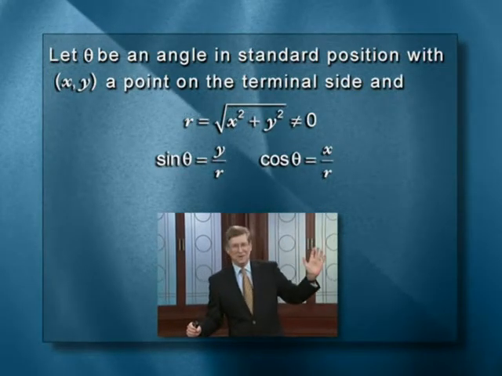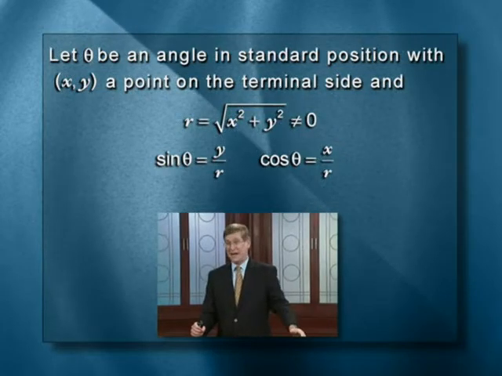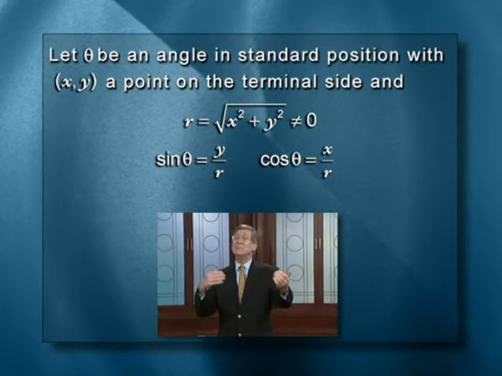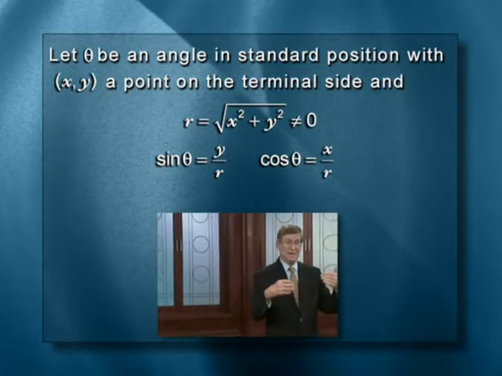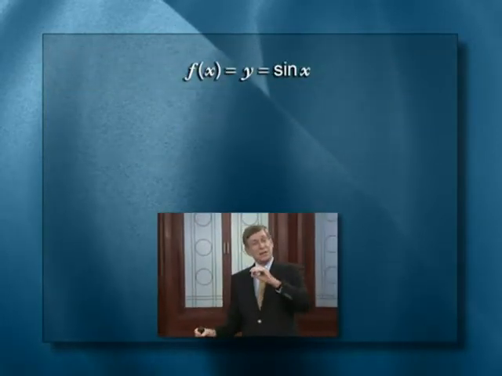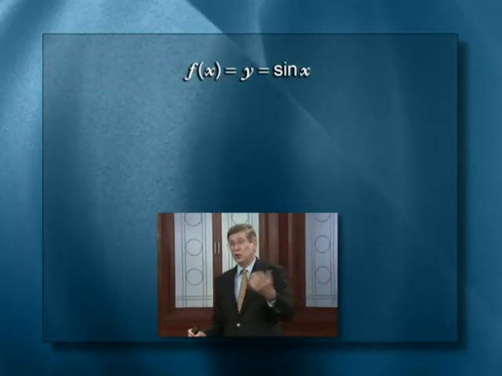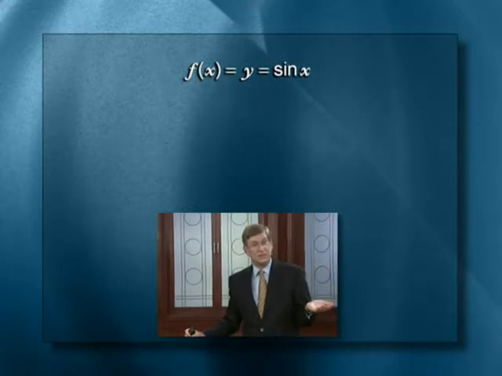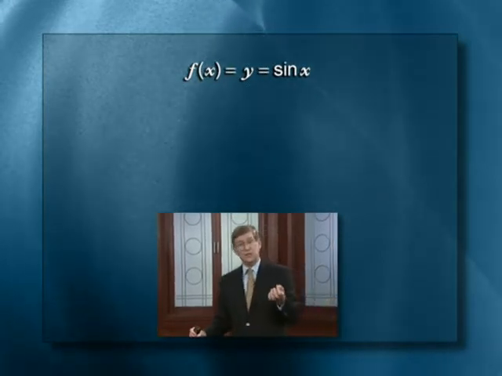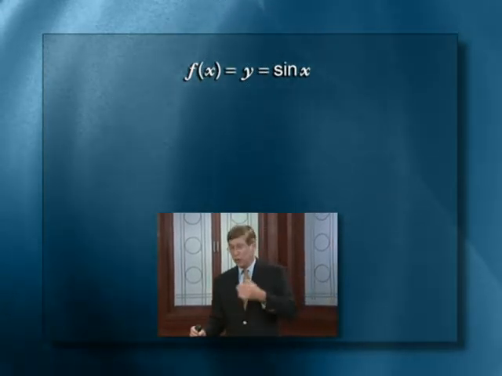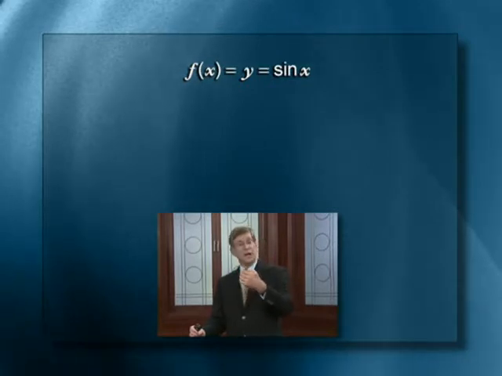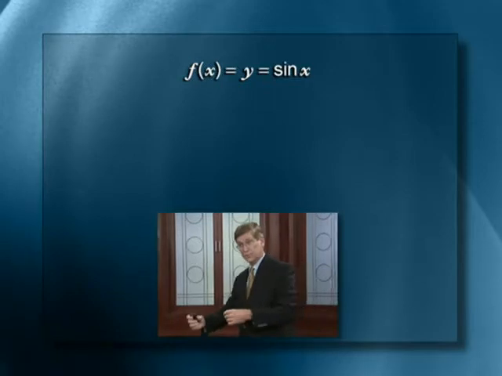Ignore that for the moment. Just think of x as being the angle. We're just relabeling. And the output, sine x, we'll call y, or f of x. And we have a function, f of x equals sine x. You give me x, you give me an angle, I will compute y, the sine of that angle.